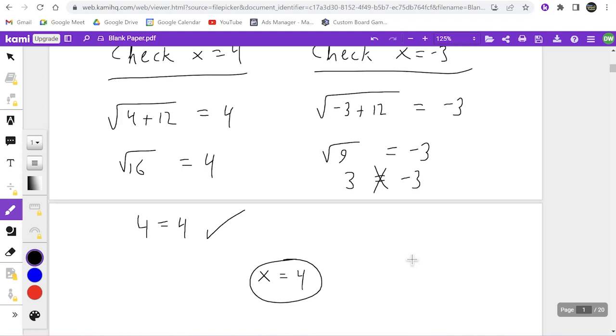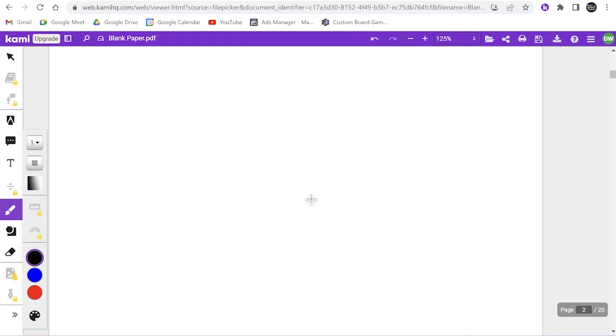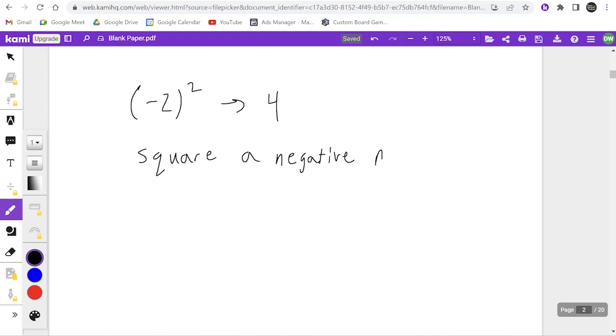Okay. Now there's one thing I do want to point out, and I'm going to say it now because I'm going to mention it later and it's important. Basically, there's 2 facts we need to know. Kind of 3 facts. The first fact is when you square a negative number, it becomes positive.